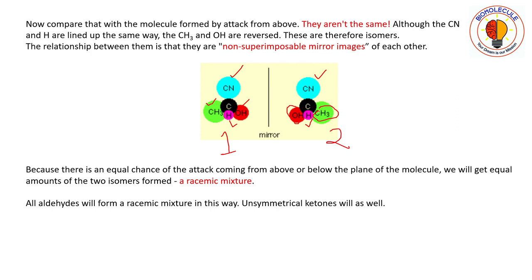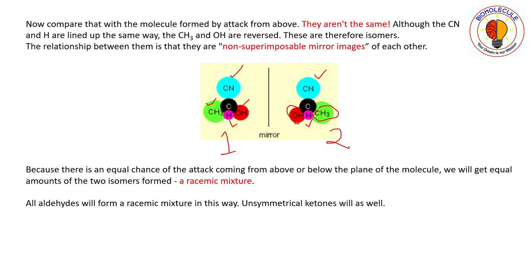These two compounds have the same molecular formula but their arrangements are different. In the first attack, hydroxy is towards the right hand side and methyl is on the left hand side, whereas in the second attack it is reversed.